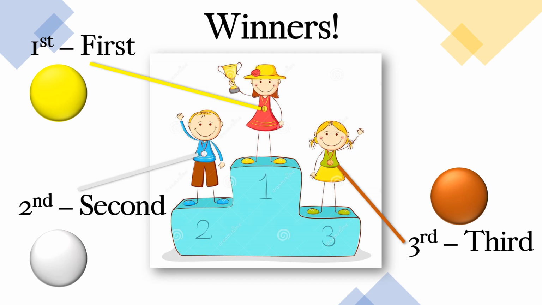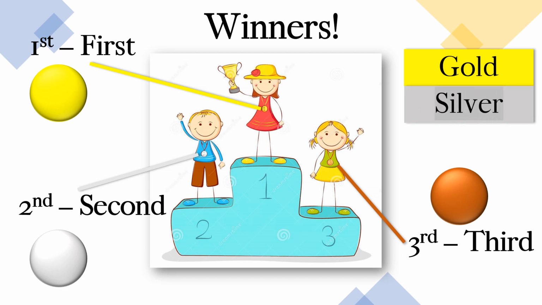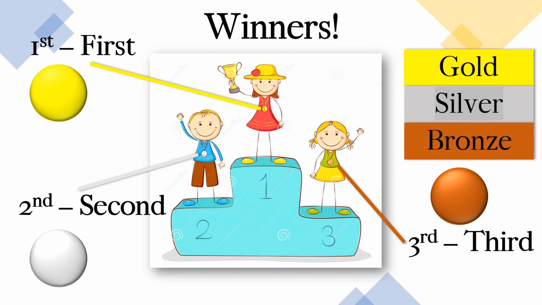Do you know the colours of the medals that are round the neck of these children? So if you come 1st, you get gold. If you come 2nd, you get silver. And the last one, if you come 3rd, you get bronze.